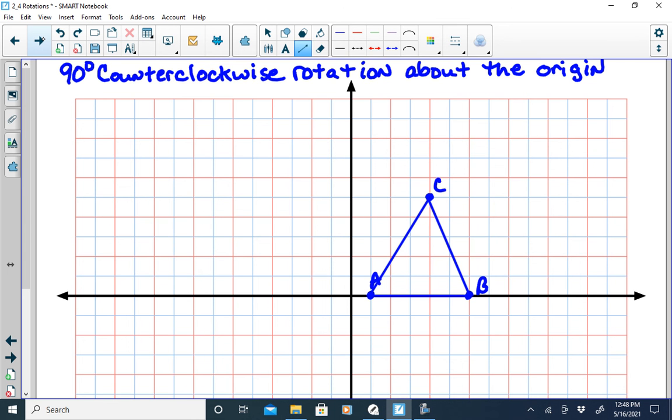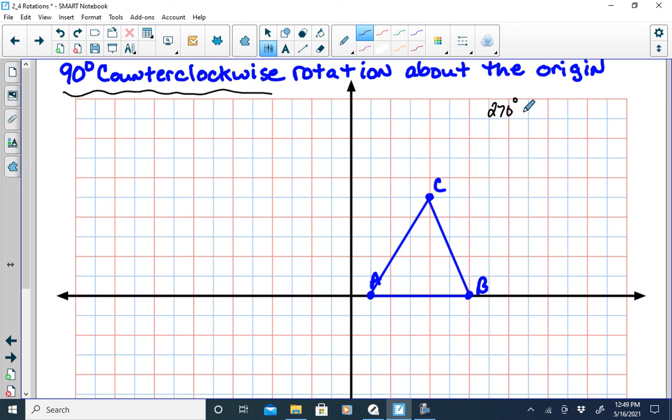Now, 90-degree counterclockwise would be the same as a 270-degree clockwise rotation about the origin. So what was that rule for a 270-degree rotation? A 270-degree rotation would be the same as a 90-degree counterclockwise rotation, and that's what we're being asked here. Counterclockwise means we're moving the opposite direction of a clock.